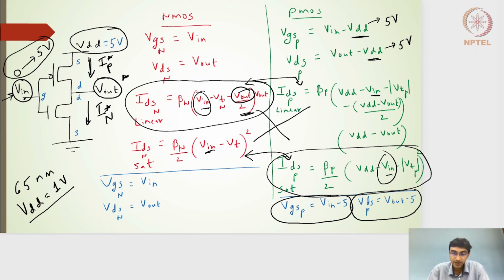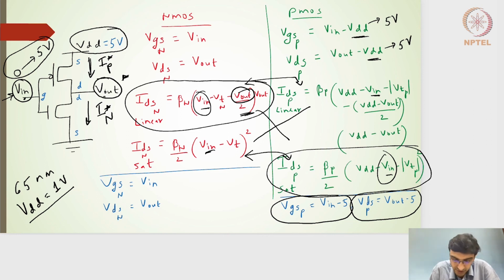So what we can do is, if we can have some judgment of whether the Nmos will be in linear or Pmos is in saturation, or Pmos is in linear or Nmos is in saturation, or vice versa, I should be able to equate those two expressions. But to start with, we really don't know whether the Nmos or Pmos is in saturation.